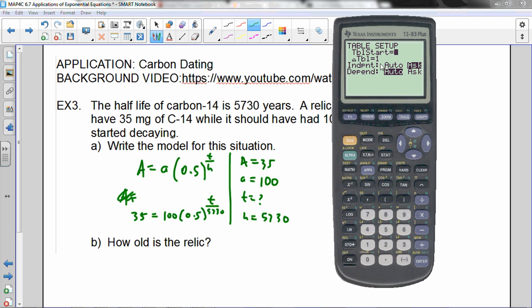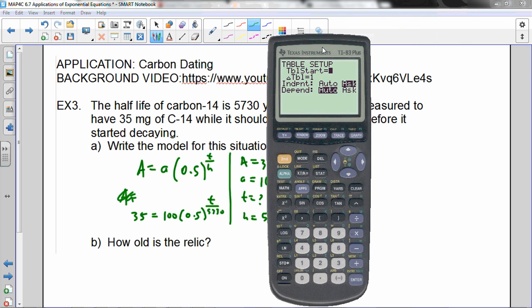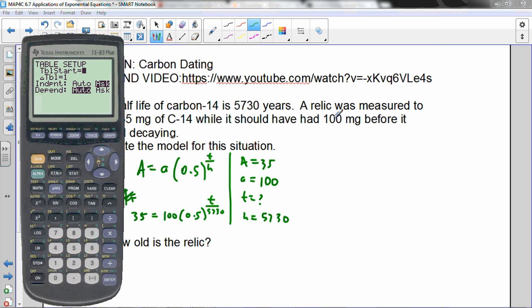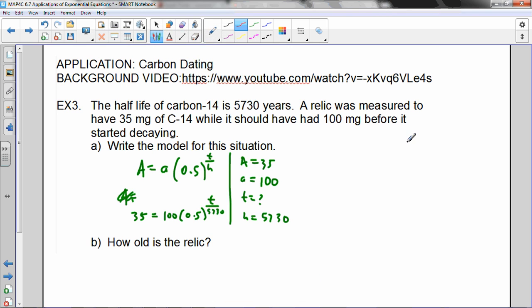Well, that would be a long time, because if we think about this logically, it's going to be a long time, right? Because here, I'm going to think about this logically over here on the side. So at the start, it was 100 milligrams, right? Then 5,700 years, it would be half as much.